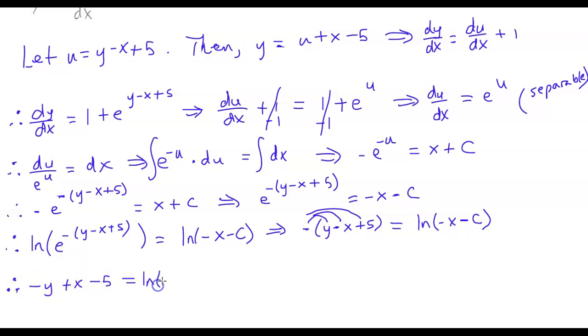That will be equal to natural log of minus x minus c. And of course, to solve for y, I would just subtract x and add 5 to both sides. So I would have natural log of minus x minus c, minus x plus 5.